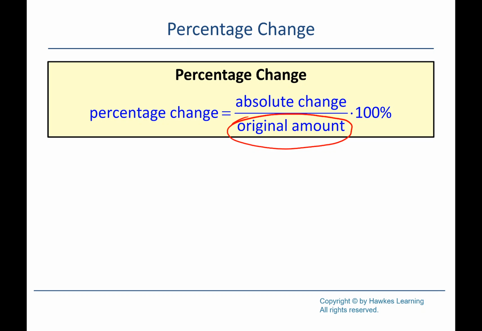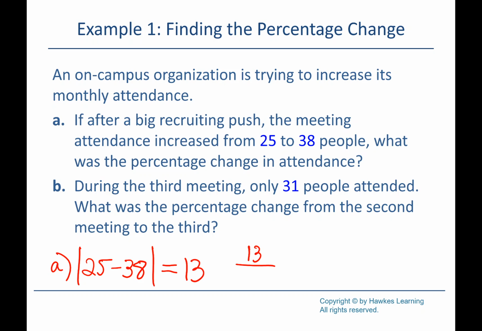So the amount before the change happened. So here, we're going to divide it by 25. So 13 divided by 25 is 0.52. And then we just change it to a percentage. That's what the times 100% meant.